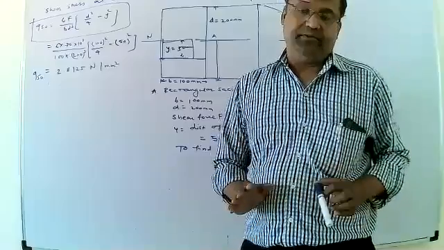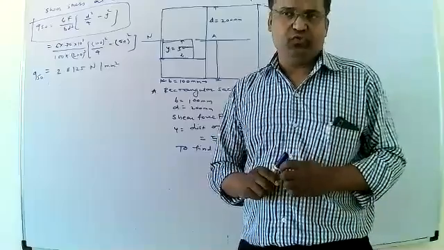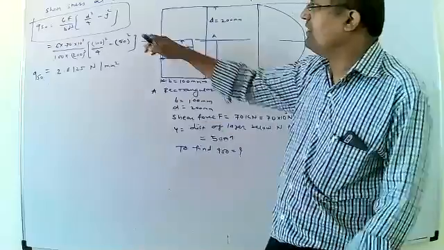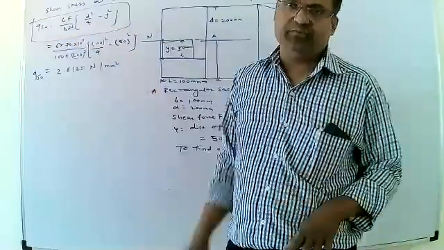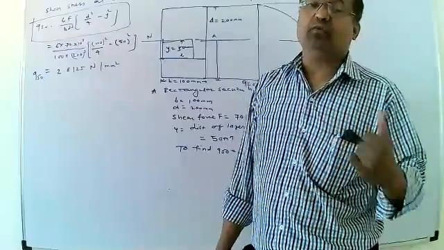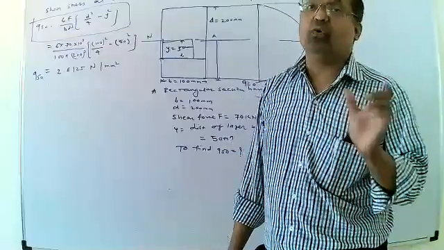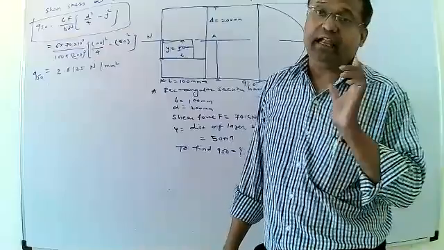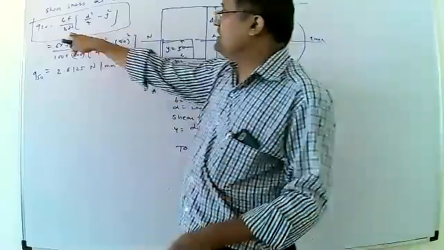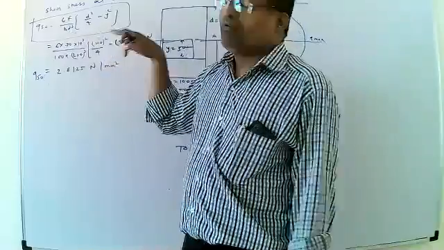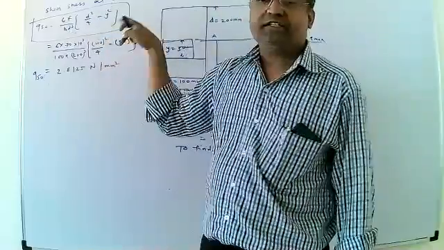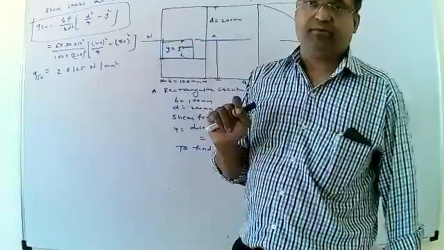Then in that case we can use only one formula, q at a distance, where q is the shear stress at any distance. If you want to calculate shear stress at a particular distance below or above the neutral layer, you can use this formula: q50 is equal to 6F upon bd cubed into, in bracket, d square upon 4 minus y square.